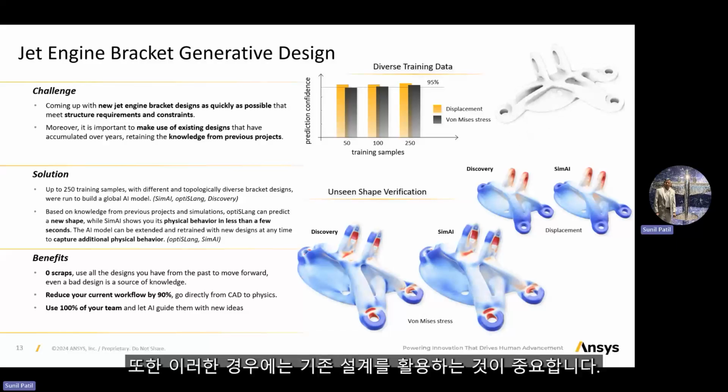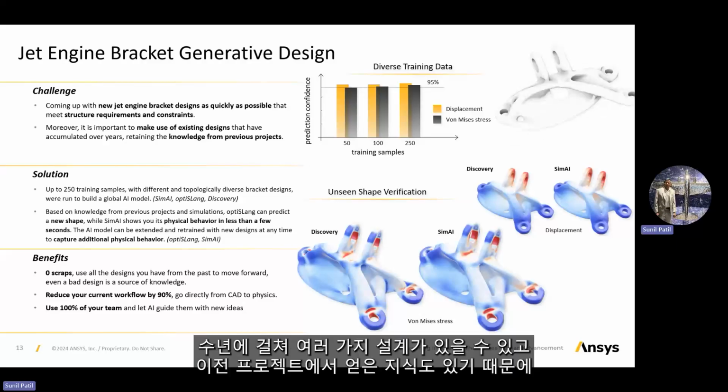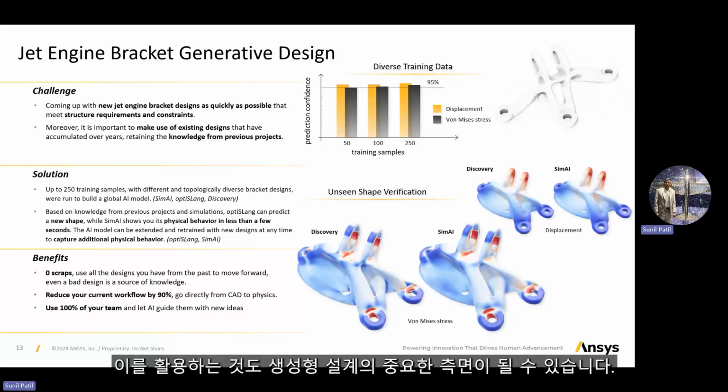And in those cases, it's important to make use of the existing designs because there can be several designs over the years, and how the knowledge from those previous projects can be leveraged is also an important aspect of the generative design.